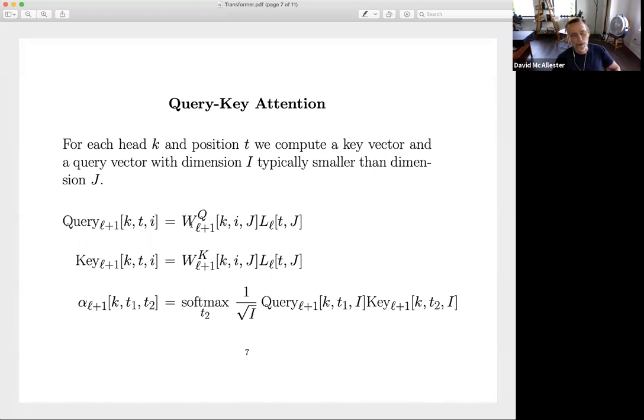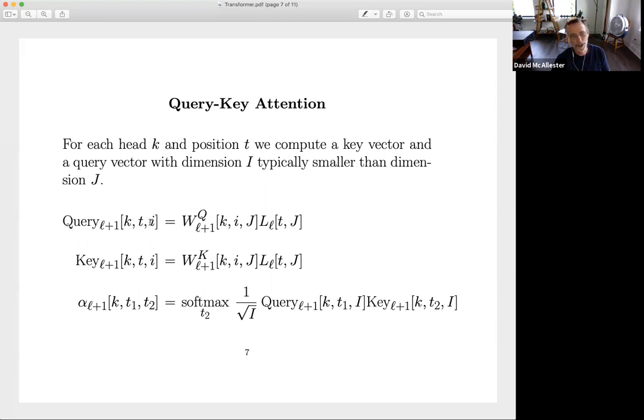And we have a matrix specific to this layer of the transformer, which is simply multiplying this vector. So this is a matrix vector multiplication. And it's going to give us a number for neuron i, a query number for neuron i at position t.